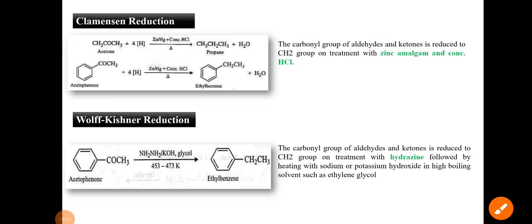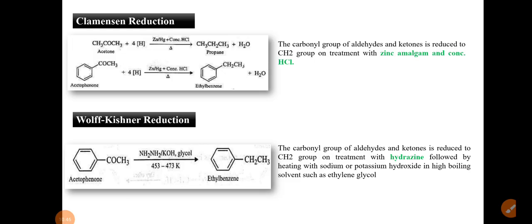The next one, Clemmensen reduction and the Wolff-Kishner reduction. In both reactions the compound is the same, so just see one by one. What is the Clemmensen reduction? The carbonyl group of an aldehyde or ketone is reduced to a CH2 group on treatment with zinc amalgam and concentrated HCl. Similarly, in the Wolff-Kishner reduction, the carbonyl group of your aldehyde or ketone is reduced to the CH2 group.